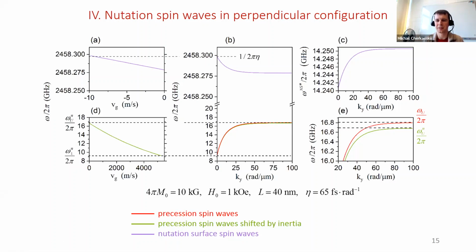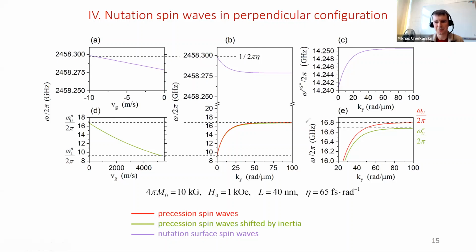Basically, this slope, which you can see at the very beginning of this curve, is because of dipole-dipole interaction, exactly. And then it will change. I can try to draw it, basically.